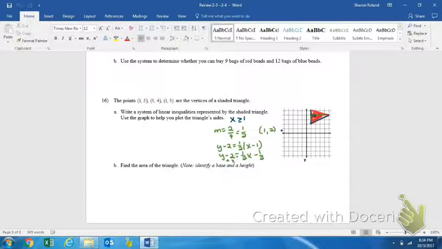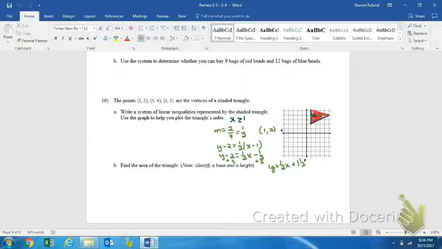When you add 2 to both sides, you have y is equal to 1/2 x plus 1.5. You can leave it like that, and that's fine with me. But that is the equation of the line.